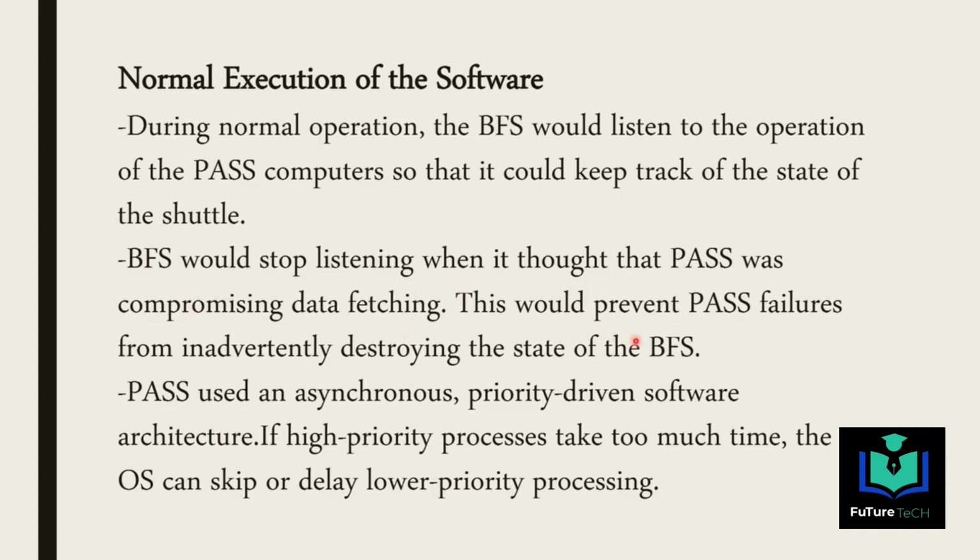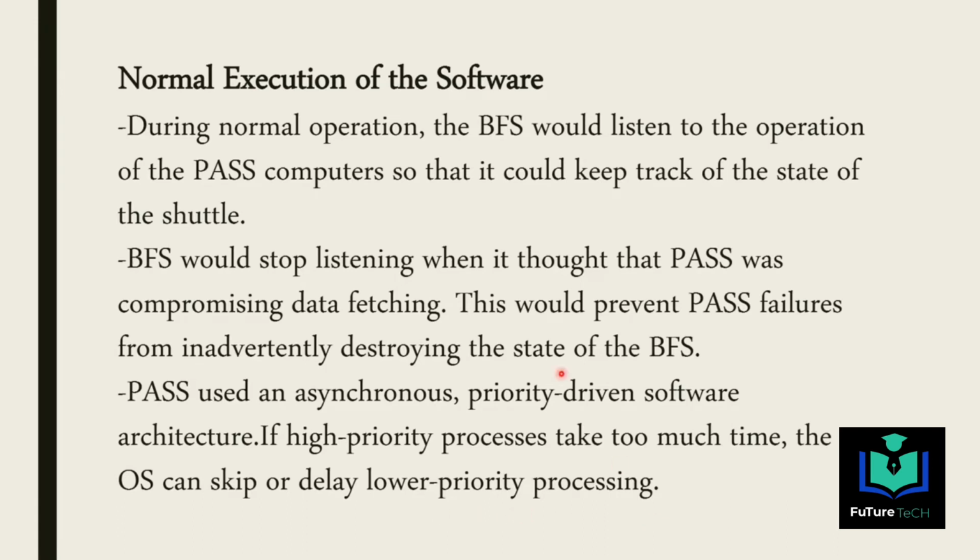This would prevent PASS failures from inadvertently destroying the state of the BFS. Now, PASS used an asynchronous priority-driven software architecture. If a priority process takes too much time, the OS can skip or delay lower priority processing.